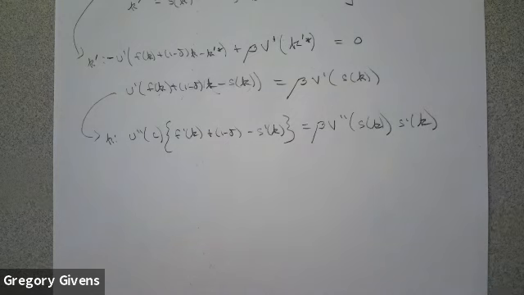So this isn't a second order condition. This is a derivative of the first order condition with respect to the state. Kind of like an envelope condition on the first order condition directly.